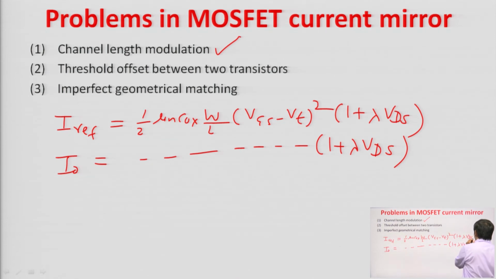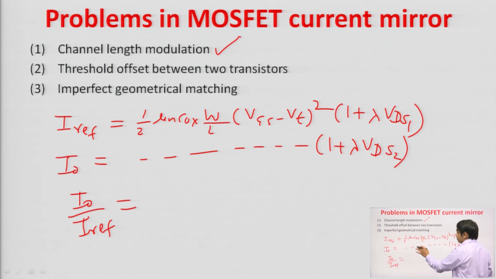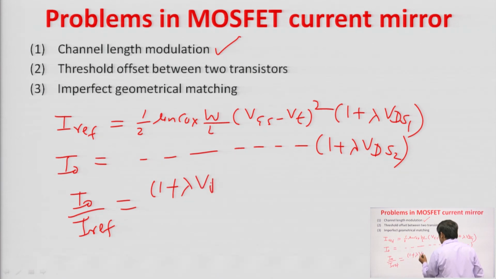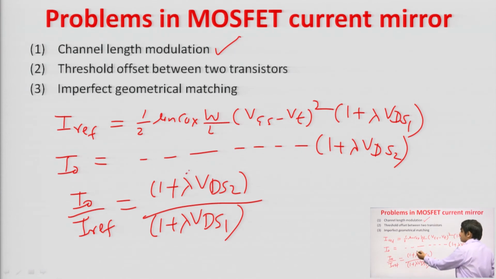If it is different, let us say for Q1 transistor the Vds is Vds1 and for Q2 transistor it is Vds2, then what will be the relation between output current and input current? If W by L ratio of both the transistors Q1 and Q2 are same, then the equation we will get is (1 plus lambda Vds2) upon (1 plus lambda Vds1), where lambda is the channel length modulation parameter.